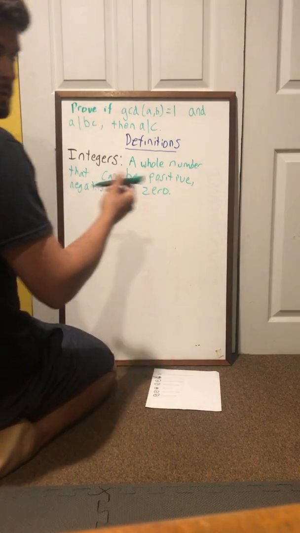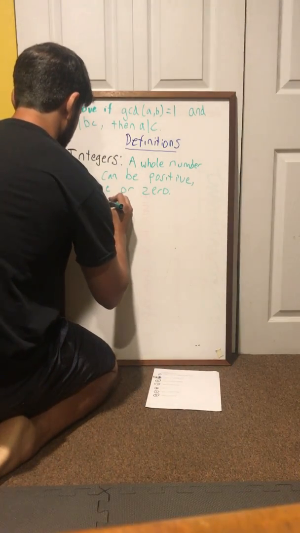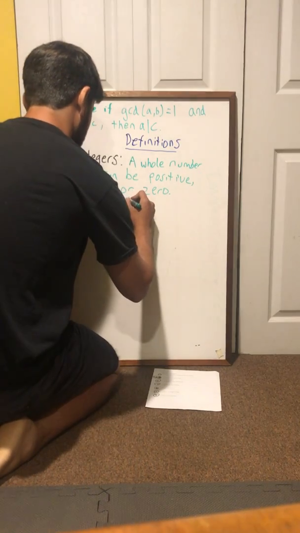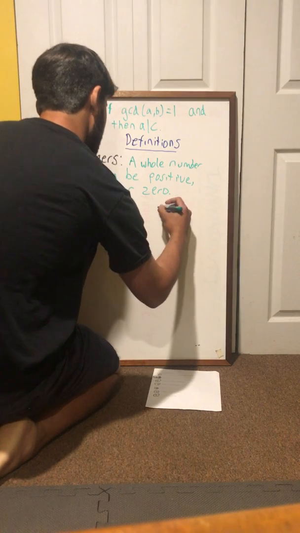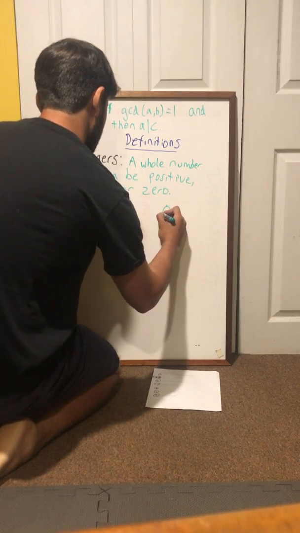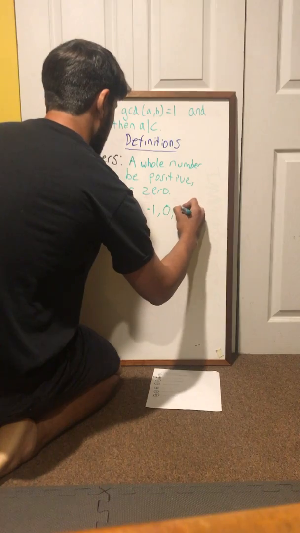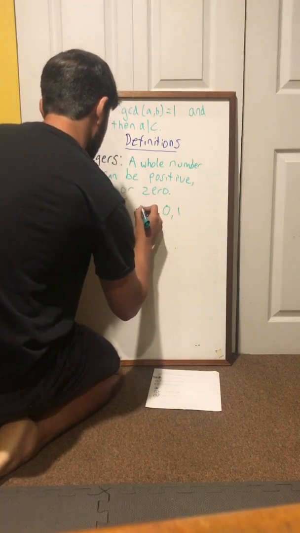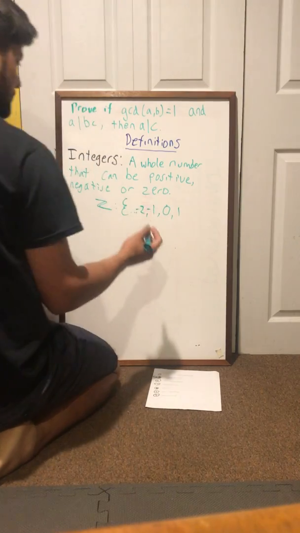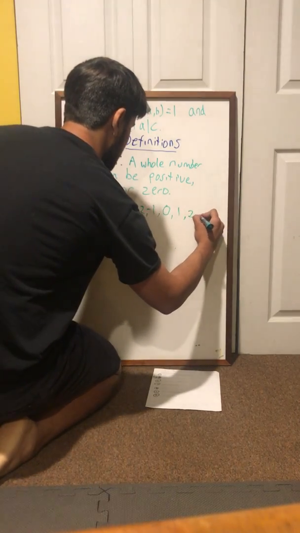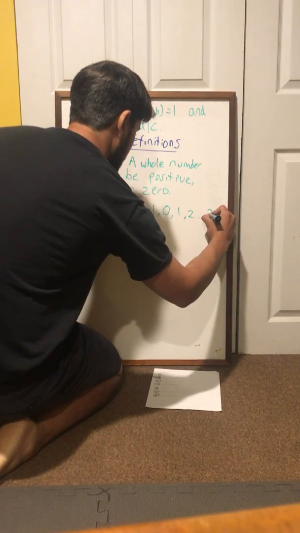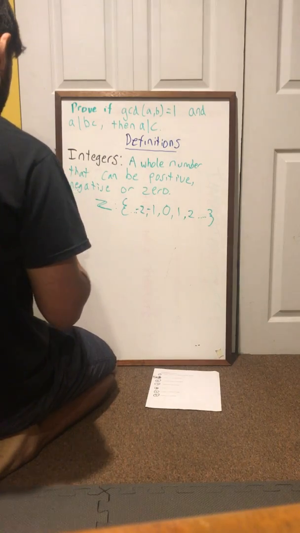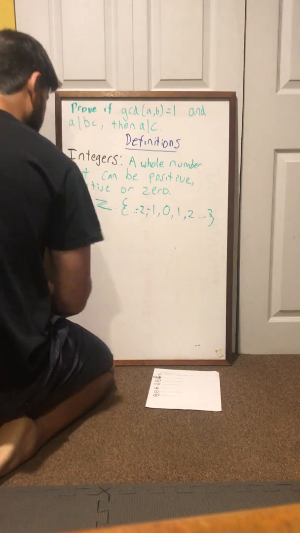Okay, so integers uses the symbol Z, and it includes 0, -1, 1, so we can go -2 and onward, and then 2 and further after that. So it's a set of all those integers.